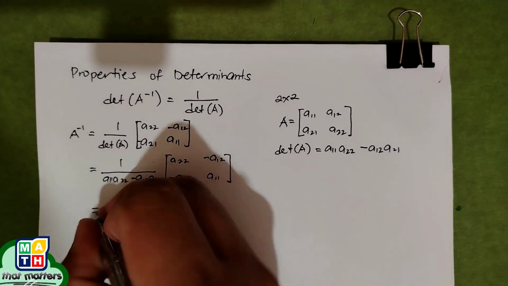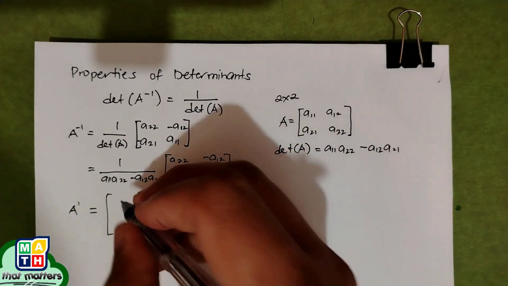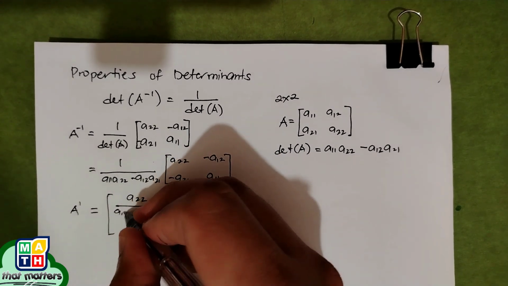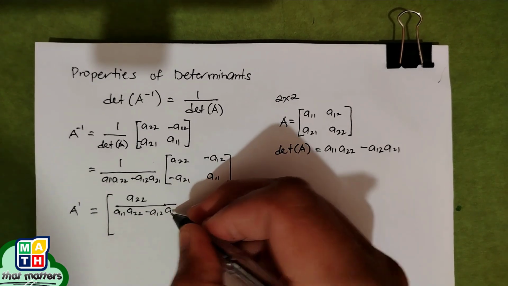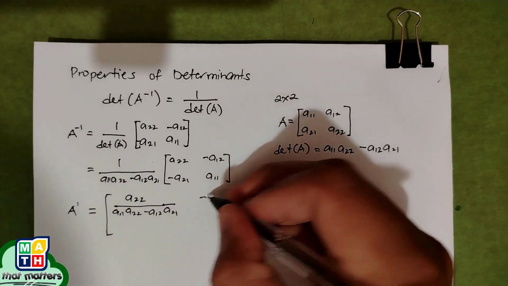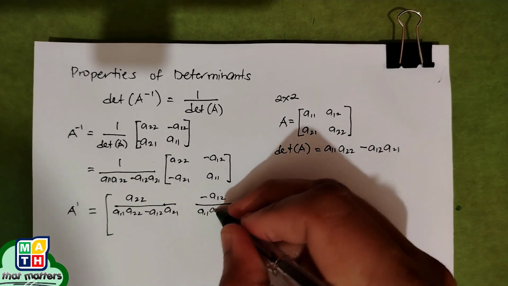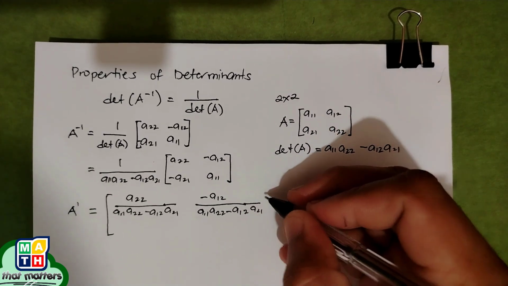So when you multiply that, you will get the inverse equal to this set of expressions: A22 over A11 A22 minus A12 A21, and you have here minus A12 over the same denominator, A11 A22 minus A12 A21.